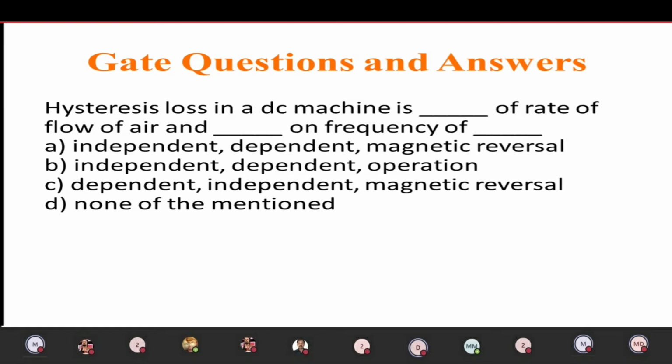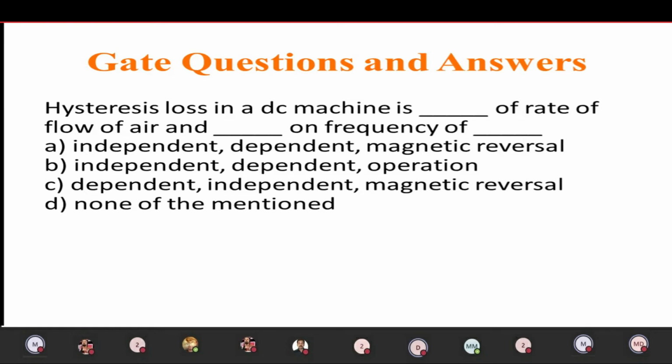So in the options, we have four different choices: independent, dependent, and magnetic reversal. Then independent, dependent, and operation.